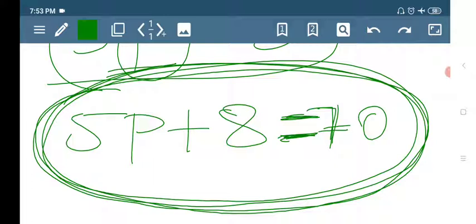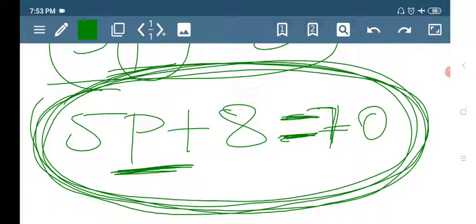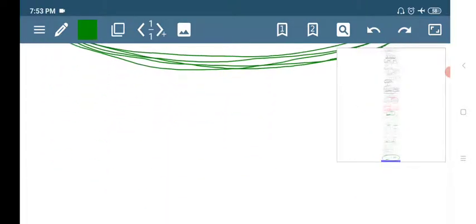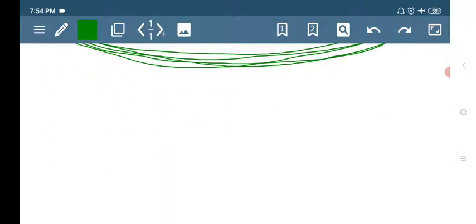Linear equation with one variable, or you can call it equation with one variable. Now let us understand the first word from the chapter topic, that is linear.